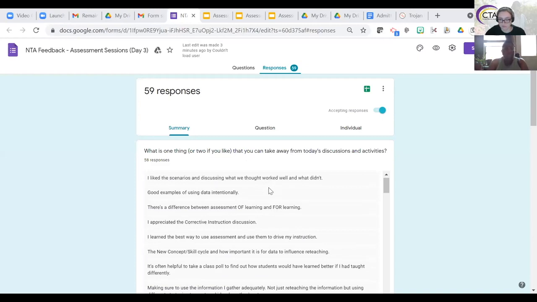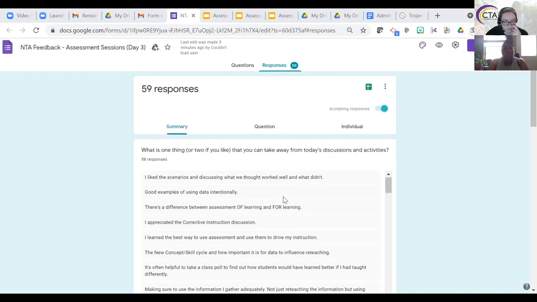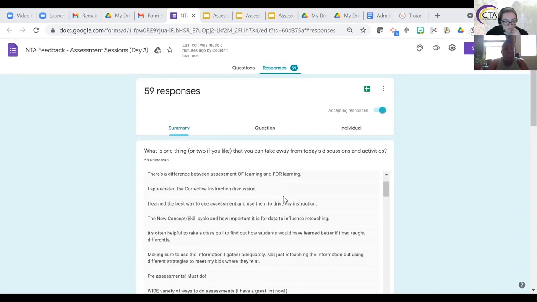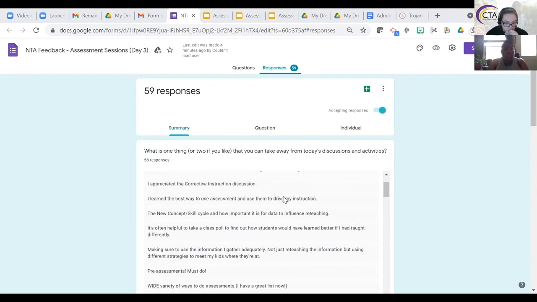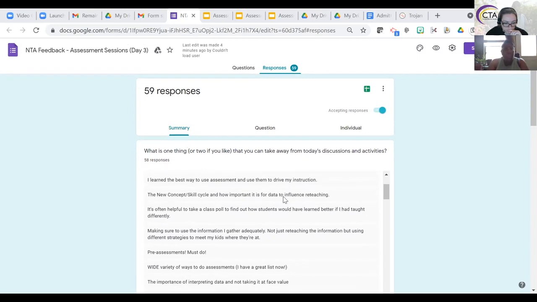Just as a closeout, if you will, these are some of the takeaways: the scenarios, using examples of good examples of using data intentionally. There's a difference between assessment of and for learning. I appreciate the corrective instruction discussion. I learned the best way to use assessments and use them to drive my instruction.